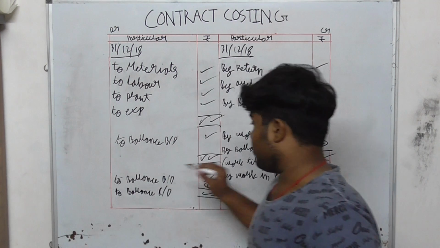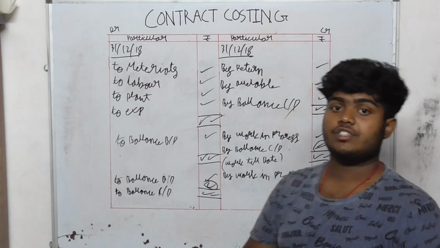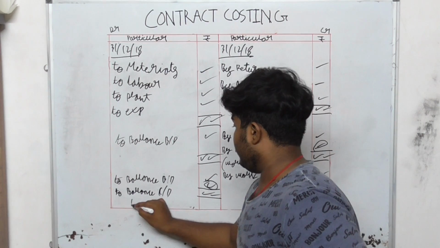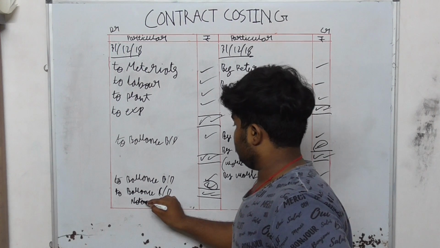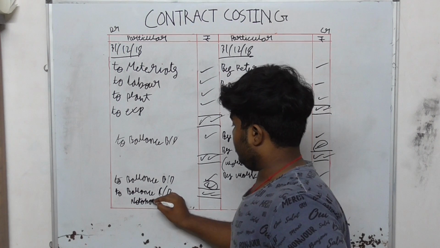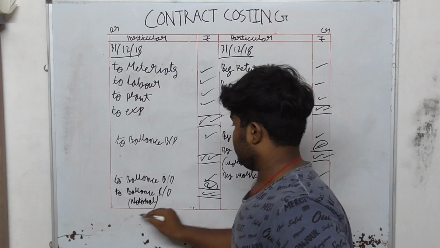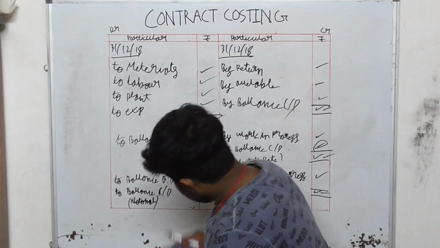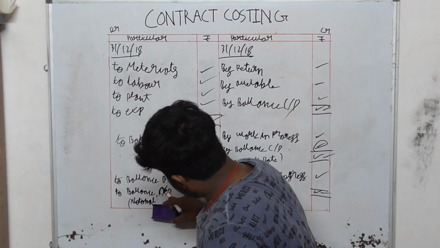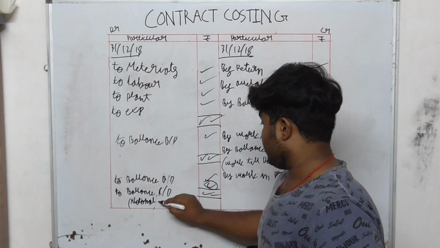Okay, and the profit is called the notional profit. Okay, notional profit. Okay, this, you also have to write this is notional profit.